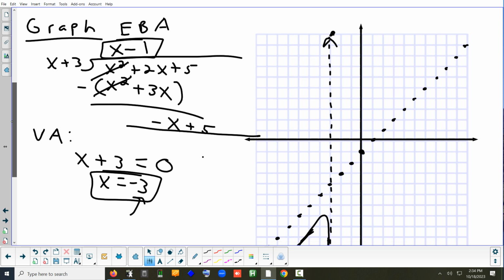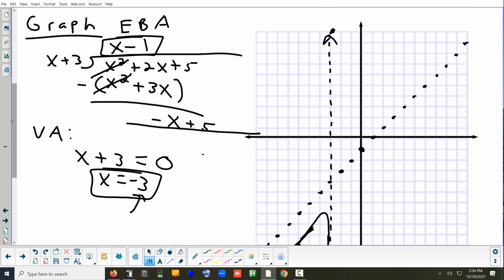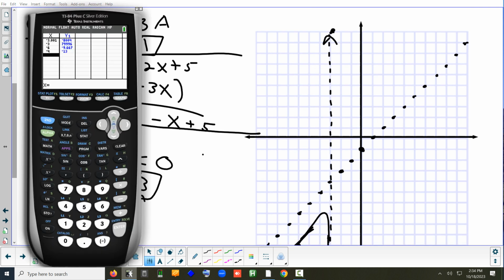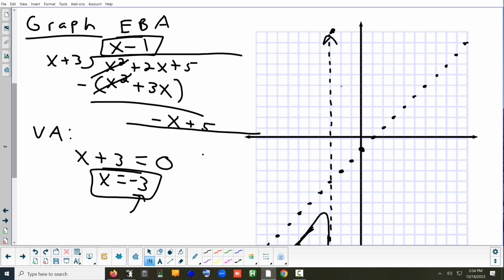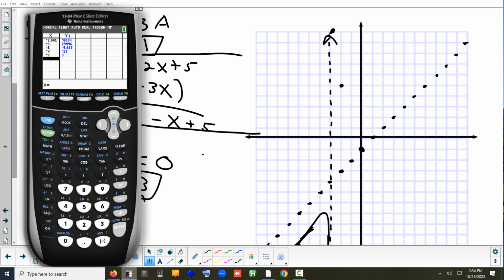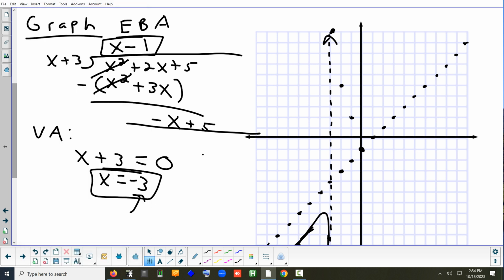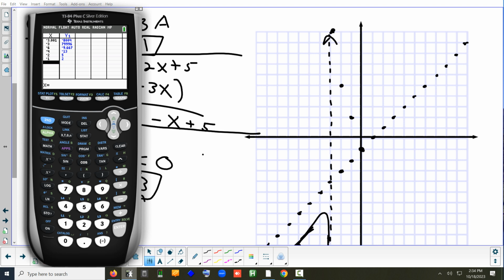All right, what would be a good x value for the top one? Negative 2. Yep, do negative 2. So 5. What would be another one? Negative 1, 2. How about another one? 0. Yep, 0.